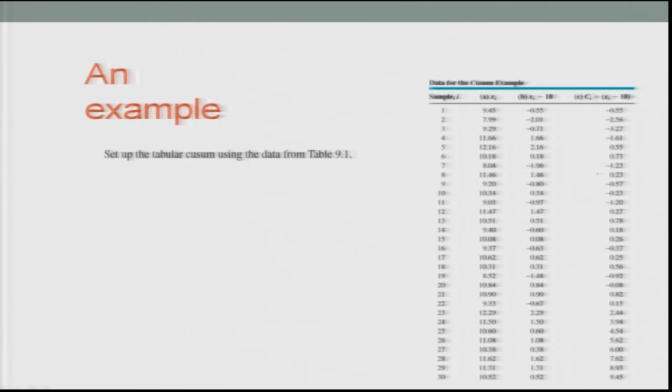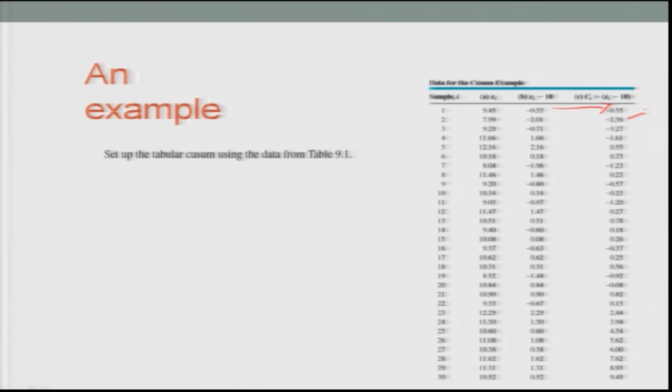If you add up these values, in the first case it is minus 0.55. The next value is minus 2.01. So, minus 0.55 gets added to that, and it becomes minus 2.56. In the next case again a minus value is there.